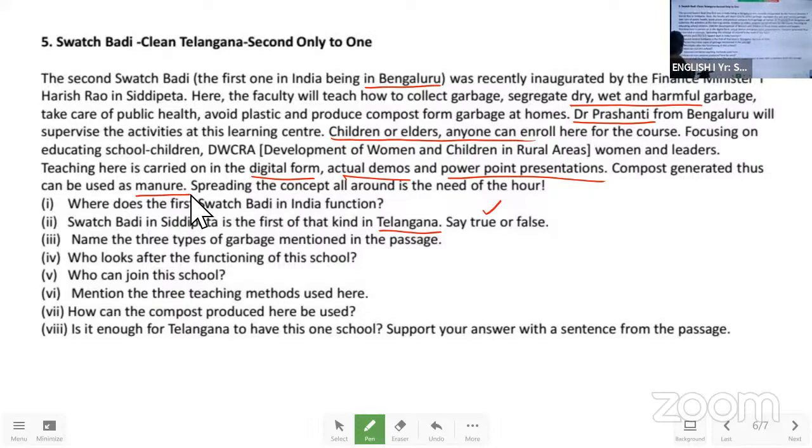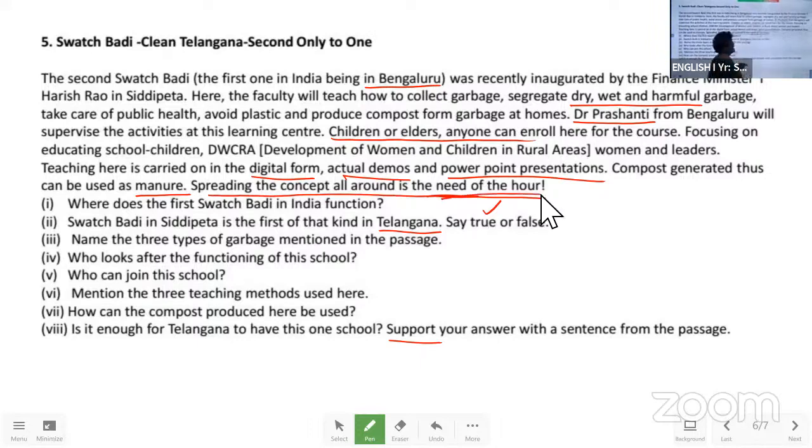And the last question: is it enough for Telangana to have this one school? Support your answer. When they say support your answer, you have to find the answer in the passage. Telangana is a big state. Do you think one school is sufficient? It isn't. Spreading the concept all around is the need of the hour.